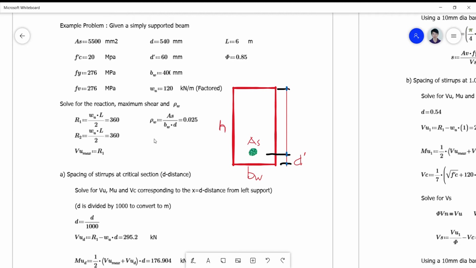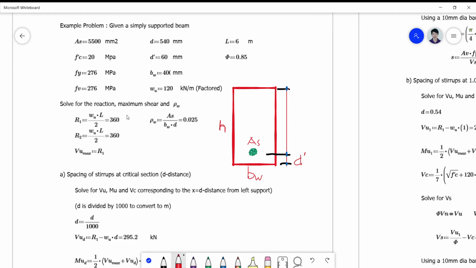So initially we solve for the reaction at maximum shear and the W of the beam. For a simply supported beam, the reactions are very simple to compute, since due to symmetry, we simply multiply WL over 2 and get the reaction at the left and the right support.